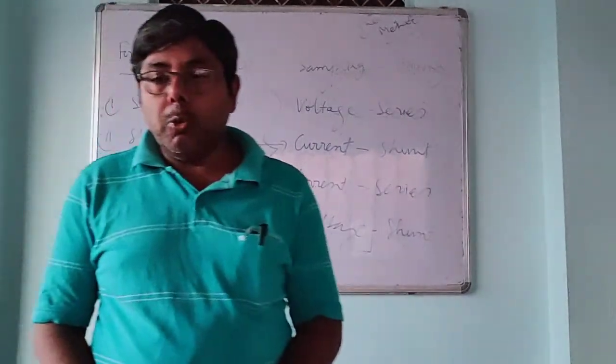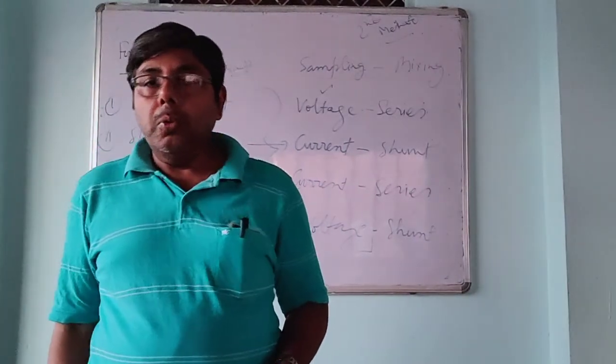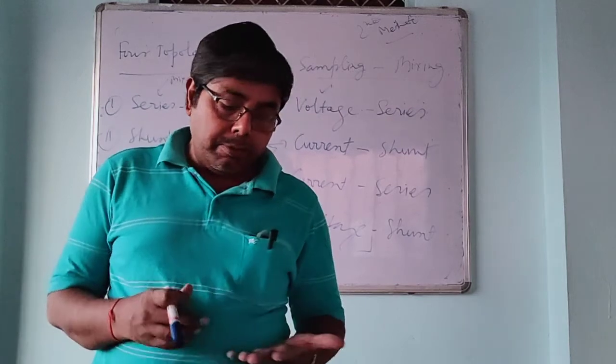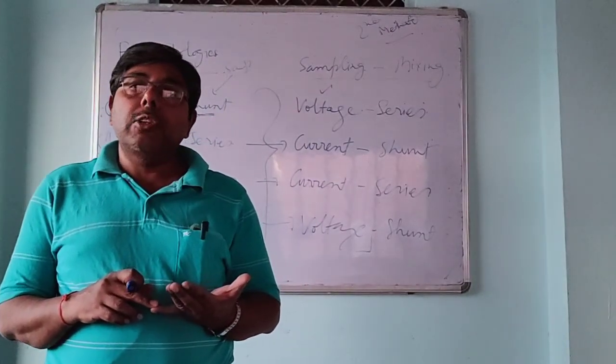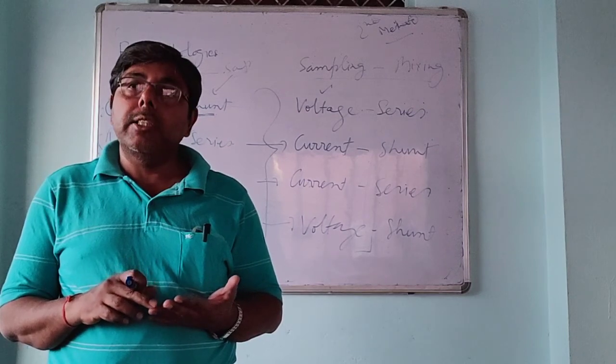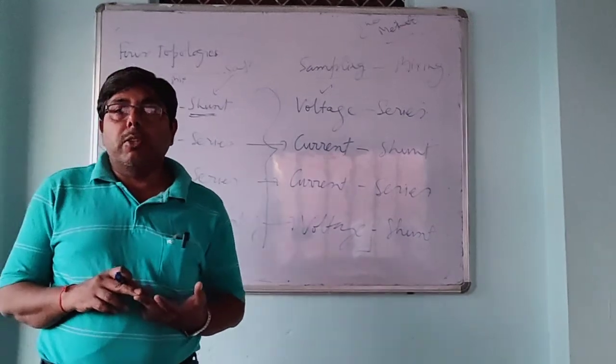So what is the conclusion? The conclusion is that there are a few major important properties of feedback. Feedback properties are desensitization of gain, bandwidth extension, and noise reduction. These are three major important properties of feedback.